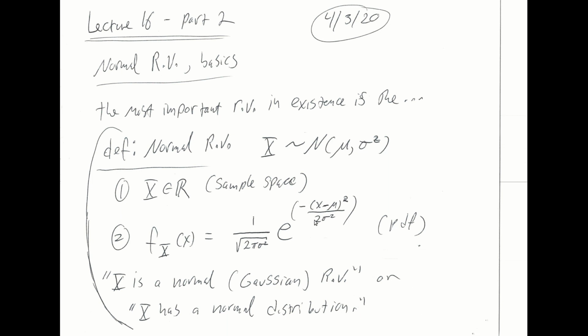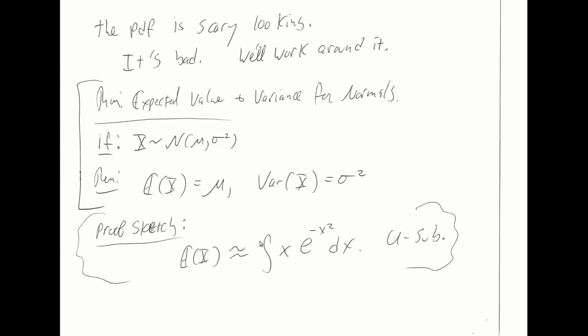Mu is a constant, 2 is obviously a constant, sigma squared, 2 pi sigma squared under the root, that's all a constant. If you strip those constants away, the basic functional form of this expression is e to the negative x squared. So if I take x and multiply it by the density function, I'm effectively looking at an integrand of this type. And u substitution is an appropriate method to use for integrands of this type.